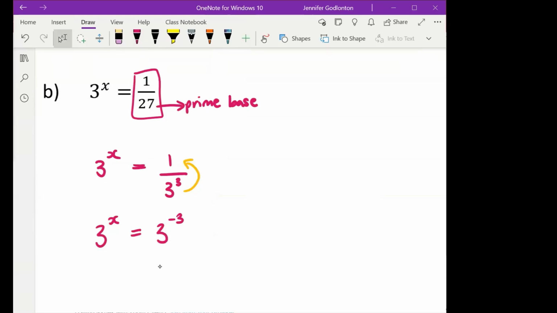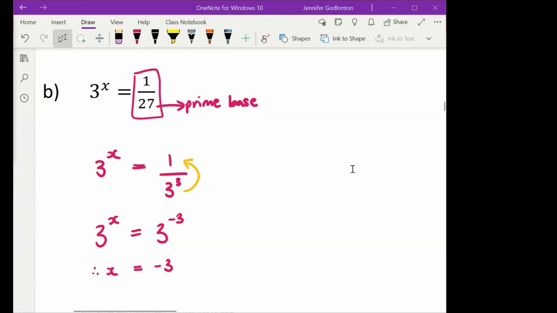So when an exponent is at the bottom and it moves up, it becomes negative, or if it moves down, it would also change signs. And now, because my bases are the same, my exponents are the same. So now I can say, therefore, x is equal to negative 3. This is a really important concept: when things move up, their signs become negative.